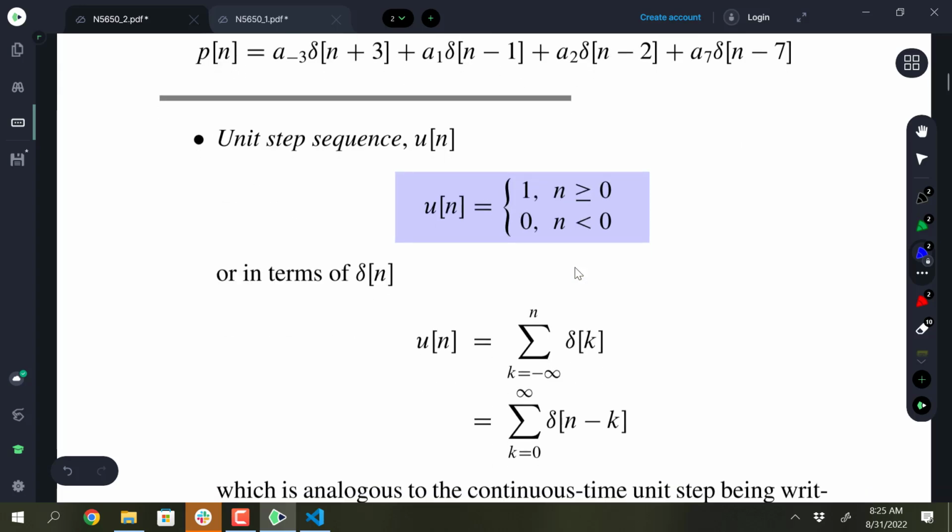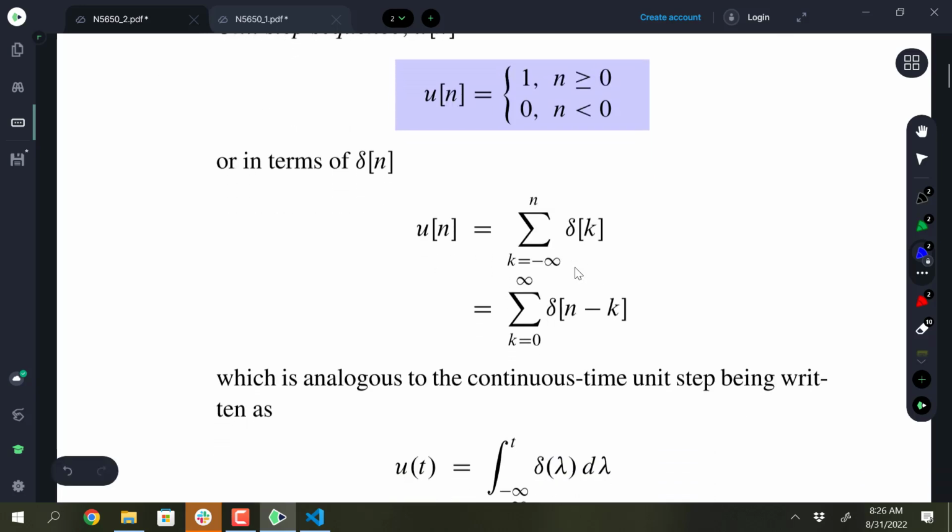The next sequence along the way is the unit step sequence, which we'll see is an accumulated version of the unit impulse. This is a sequence that turns on for n greater than or equal to 0 and is 0 for n less than 0.